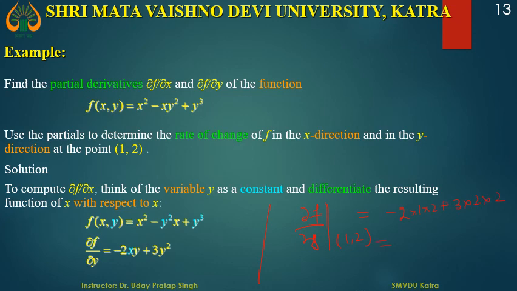This is equal to minus 4 plus 12, which is 8. Dou f by dou y at 1, 2 is equal to 8.